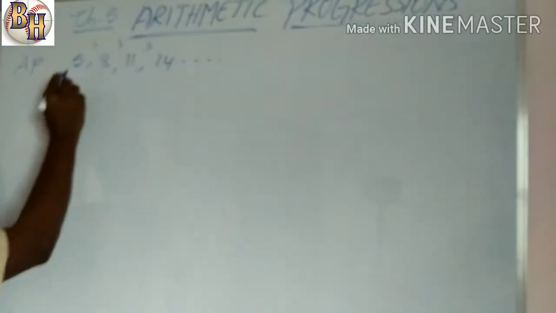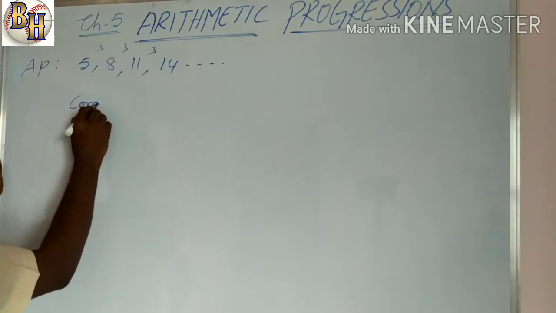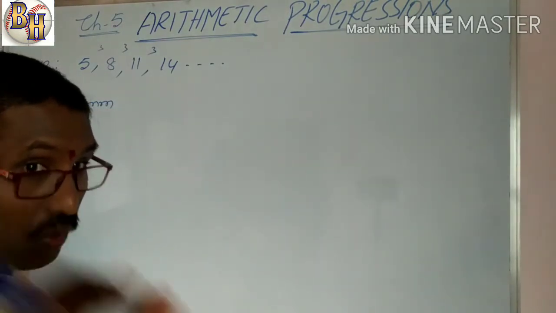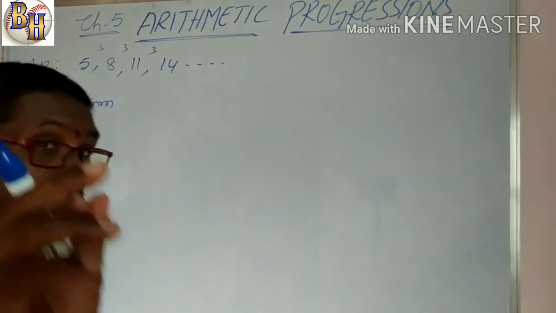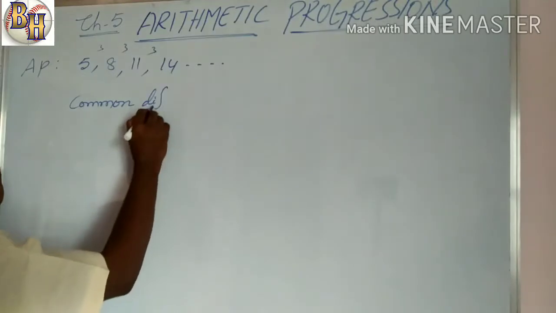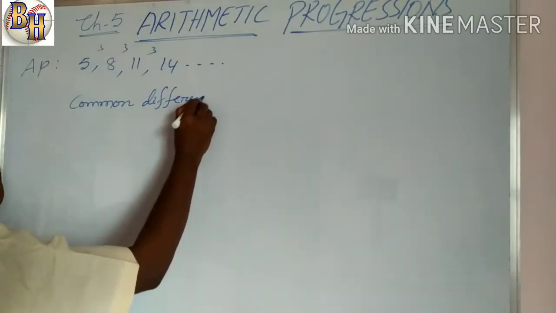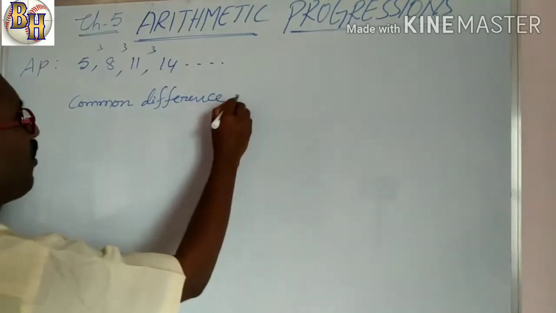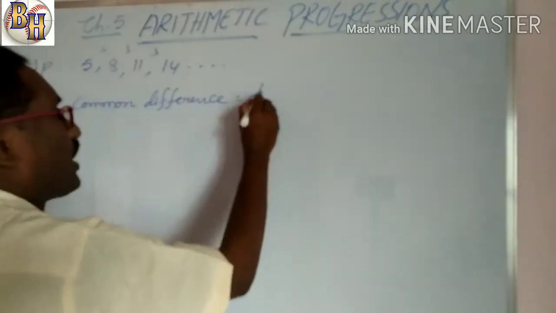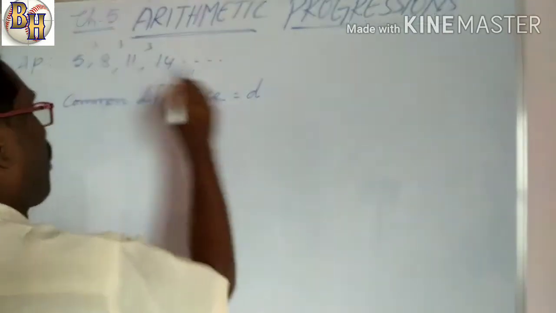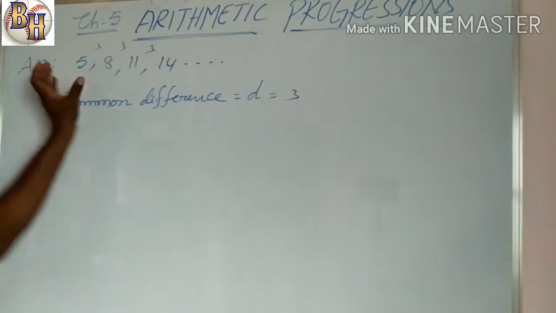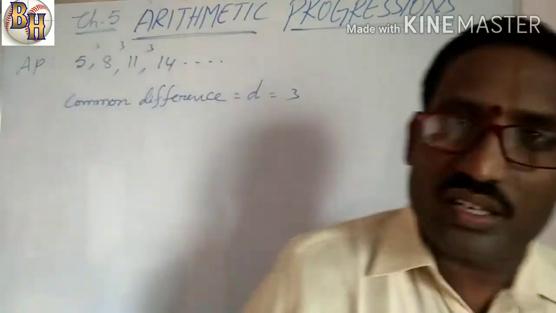The fixed quantity is called the common difference. The common difference is denoted as small d. What is the common difference here? 3. 3 is the common difference.